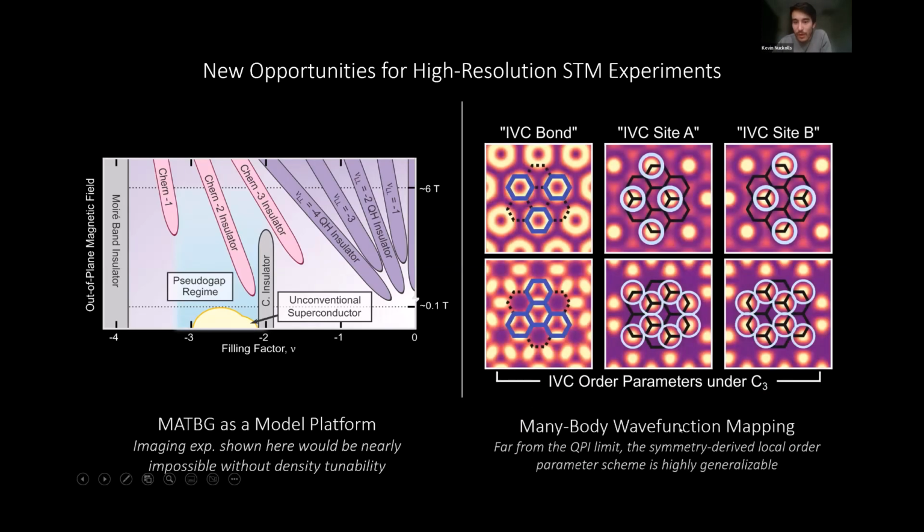Finally, this many-body wave function mapping procedure that I discussed here is a highly generalizable pursuit in STM imaging experiments, as long as we move far from the quasi-particle interference limit. So we make very clean devices, with fine materials that have very few or no scatterers in large fields of view, and we should be able to image the intrinsic wavelengths of the wave function in these systems, particularly correlated systems.